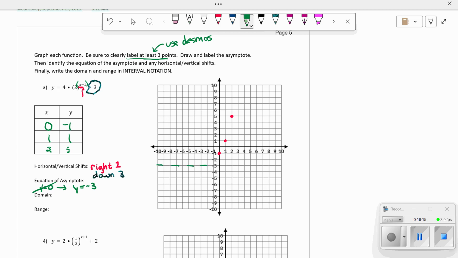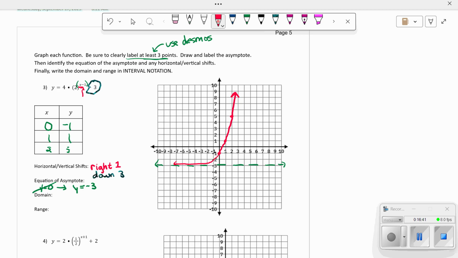So I need to put that dotted line here. And the reason why that's so important is because my graph gets close to that line, but never crosses it. If you draw this on your test and it crosses the asymptote, it is wrong and you lose points. You will also need to write the actual equation of the asymptote, so make sure you have that down.